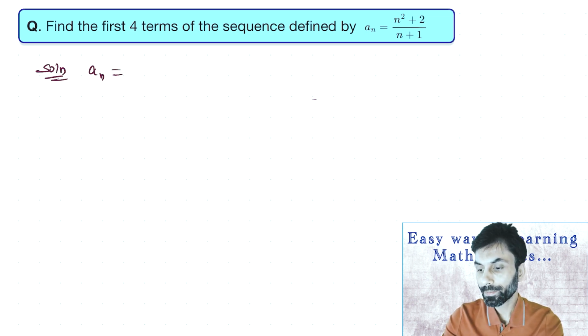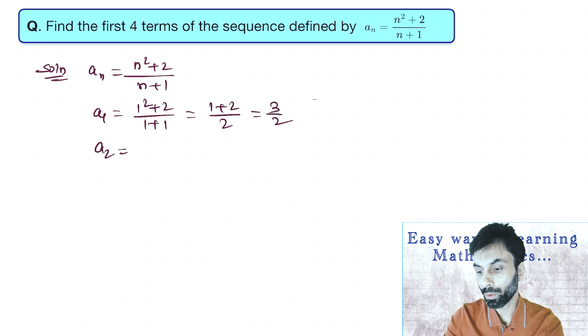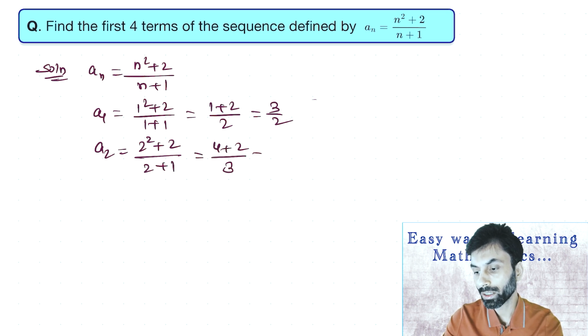So an is n square plus 2 upon n plus 1. a1 will become 1 square plus 2 upon 1 plus 1, which is 1 plus 2 upon 2, that is 3 upon 2. a2 will be 2 square plus 2 upon 2 plus 1, which is 4 plus 2 upon 3, that is 6 upon 3, which is 2.